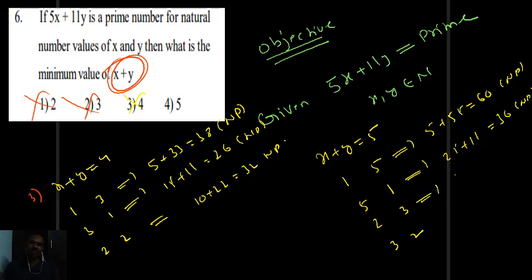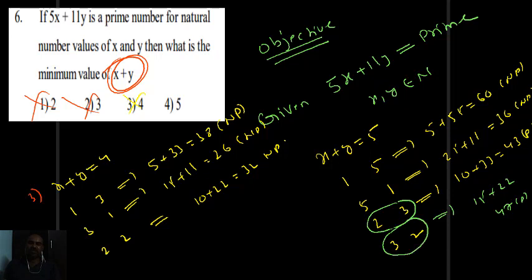For 2 and 3, 10 plus 33 is 43, which is a prime number. For 3 and 2, 15 plus 22 is 37, a prime number. What is the meaning of that? The least possible value of x plus y is 5. That is the least value.